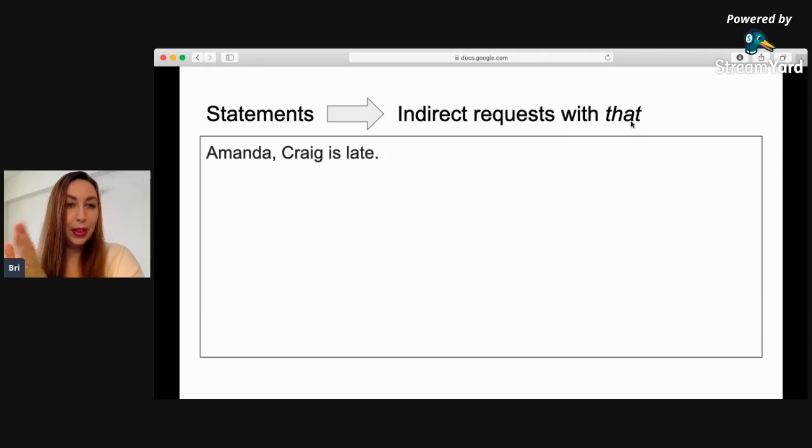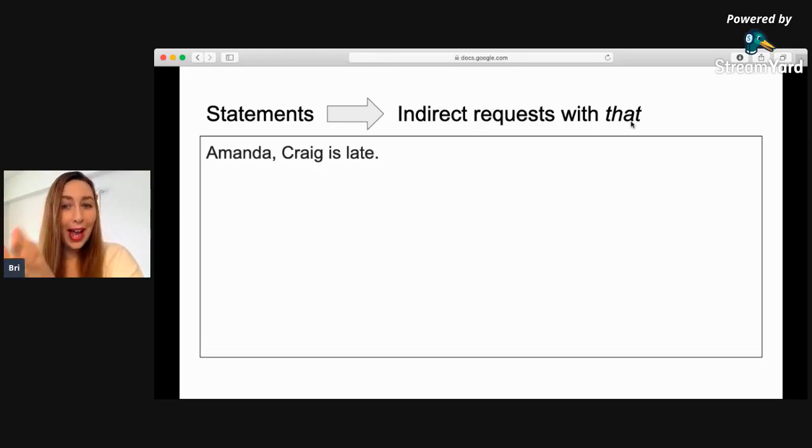The first example, this is a statement, right? Not a question, a statement. Amanda, Craig is late. So we are directly talking to Amanda, and we're telling Amanda information about Craig, okay?